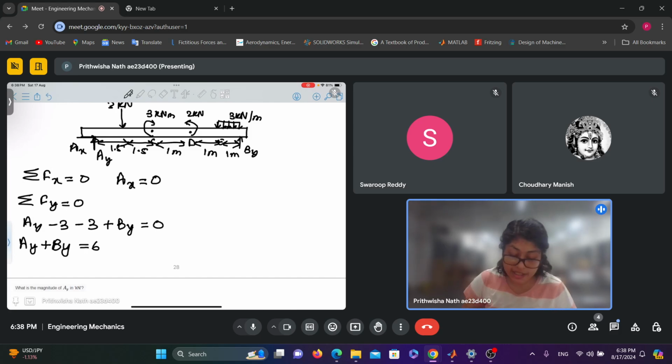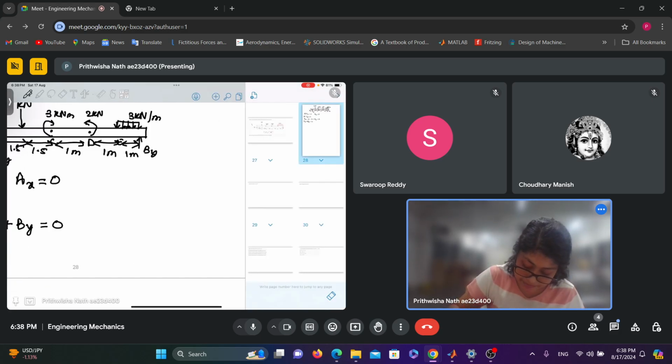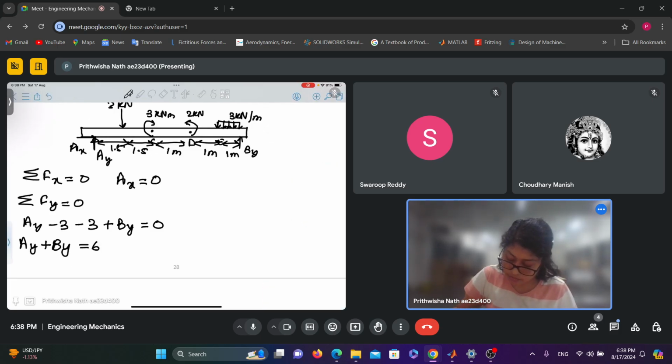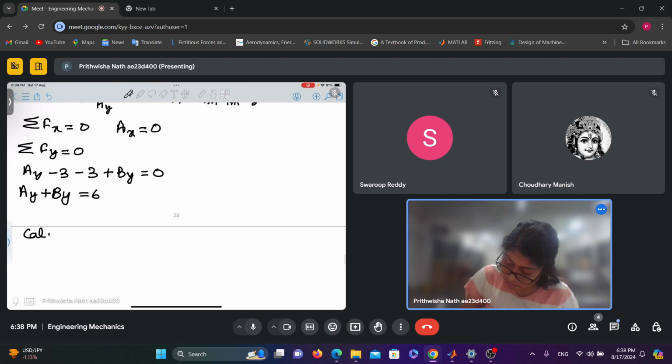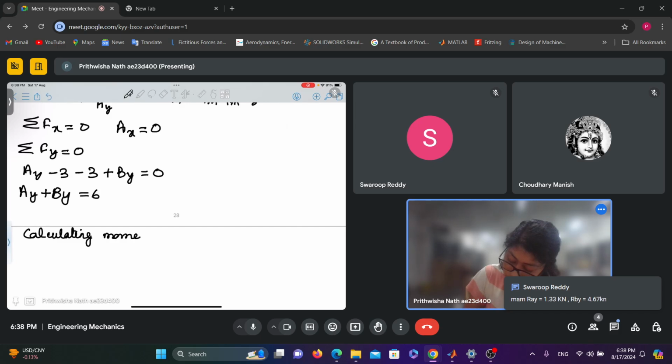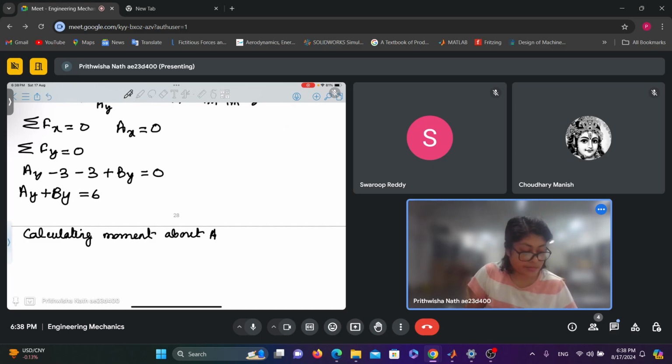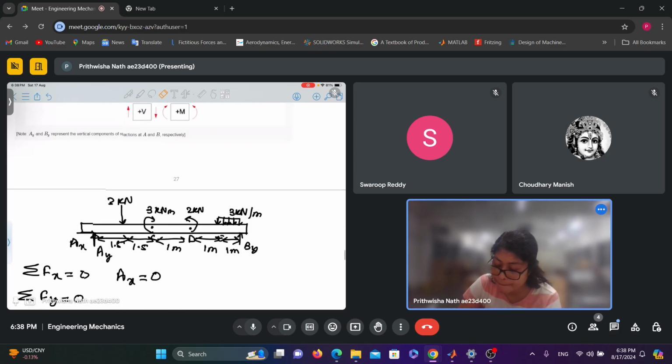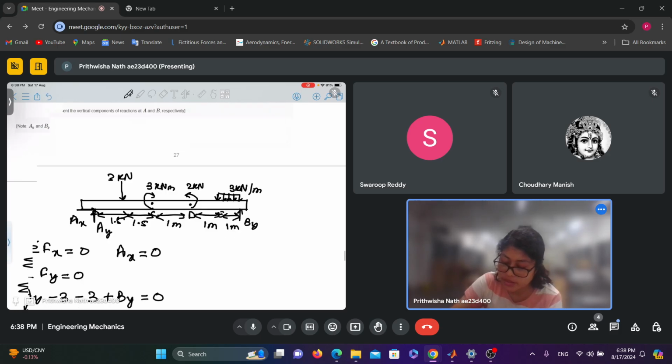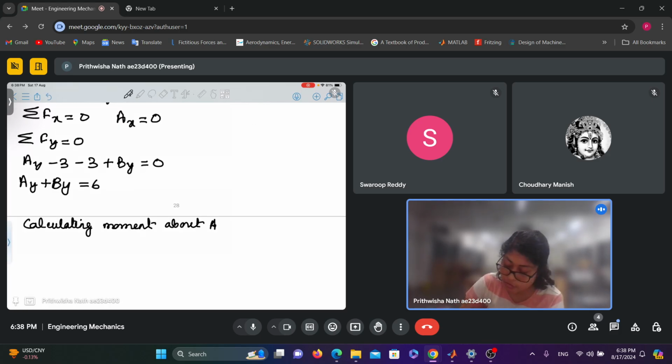Now we will calculate the moment about A. So this 3 kilonewton force is causing a clockwise movement. So minus 3 into 1.5.